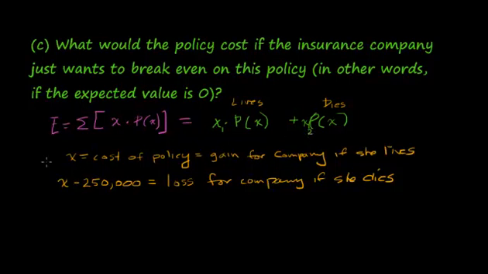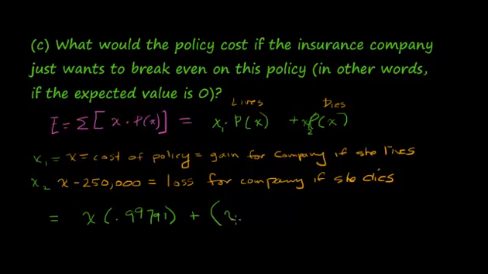So here's our X1, and here's our X2. These are the two outcomes. So we have the cost of the policy times the probability that she lives, plus, that's if she lives. The expected value is based on that outcome, then the outcome if she dies.